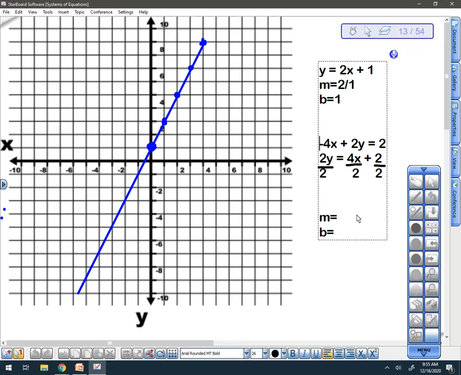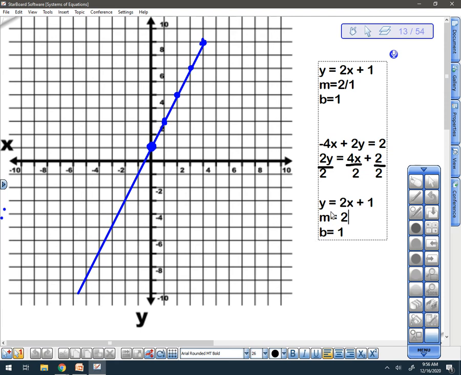So if we do that, 2 divided by 2 cancels out. So I've got y equals 4 divided by 2 is 2, so 2x, and then 2 divided by 2 is 1, plus 1. Then if you get down here, some of you will quickly notice, wait a minute, it's the exact same equation, which means that it has the exact same slope and exact same y-intercept.